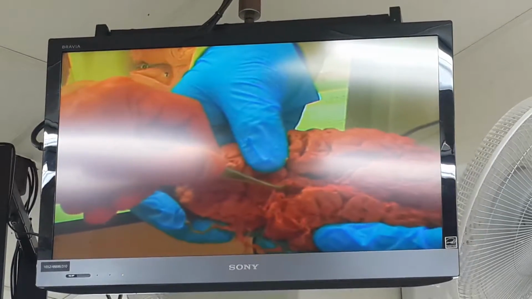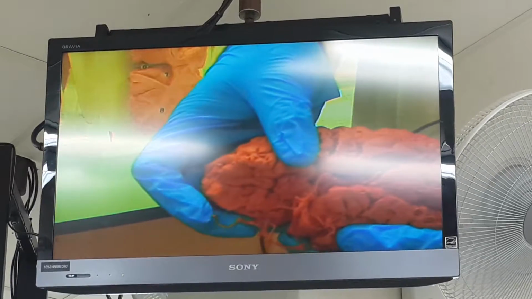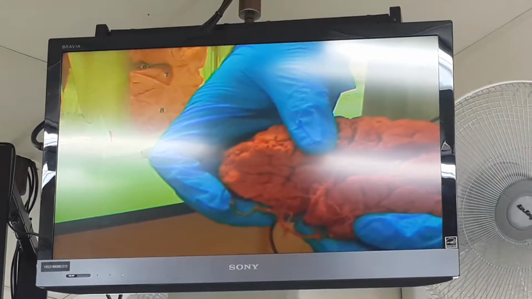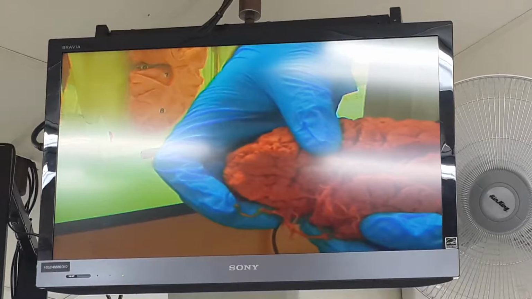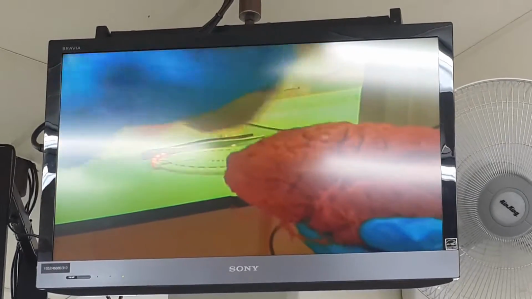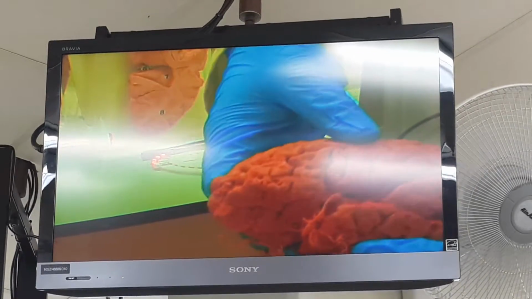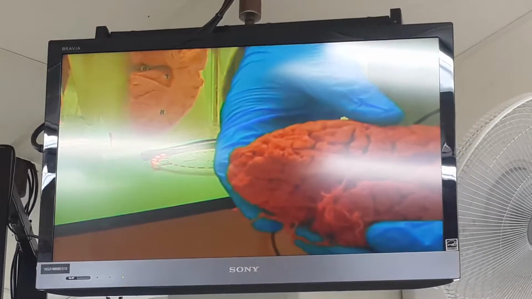That's the middle cerebral artery. So it lies in this sulcus. And along with this artery, you find a vein also, called the deep middle cerebral vein. So two structures are inside the sulcus.